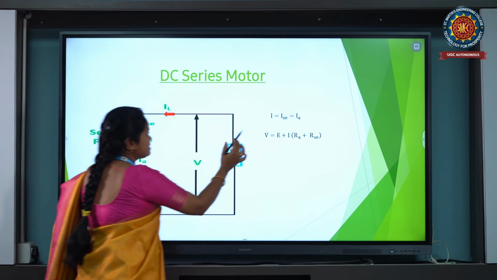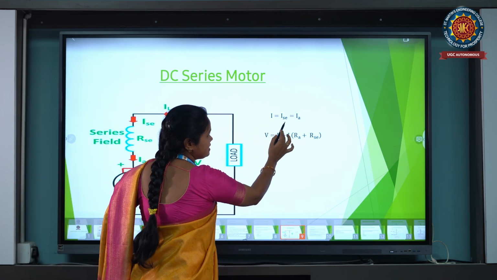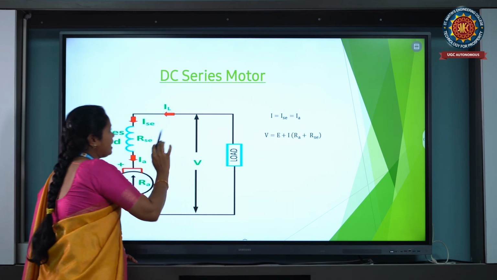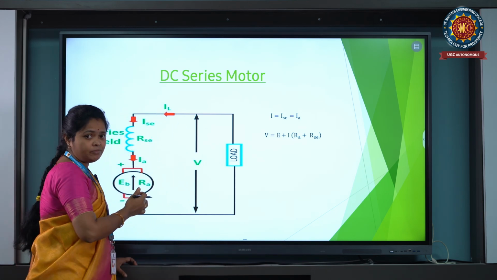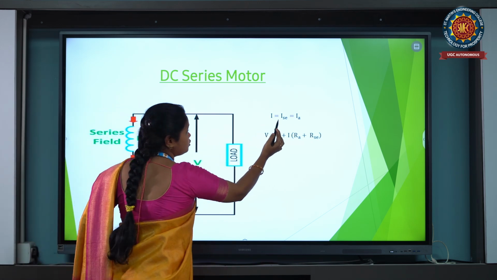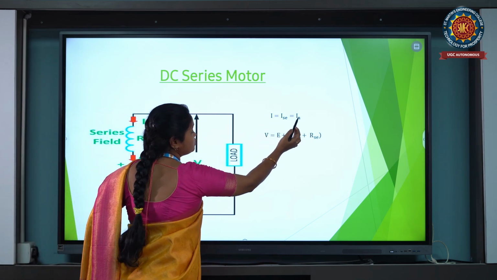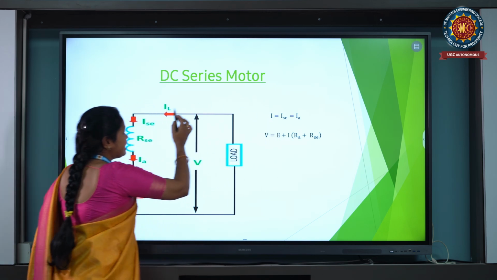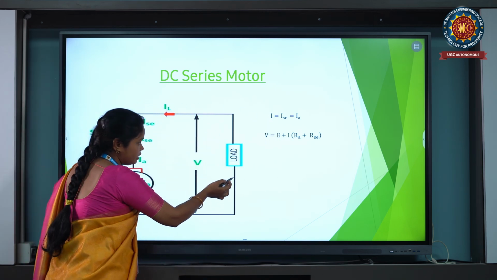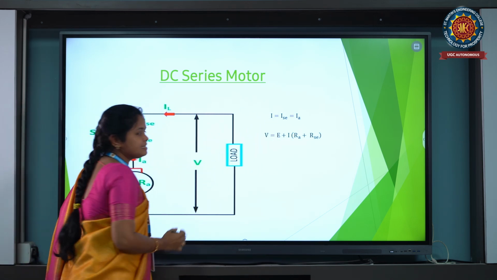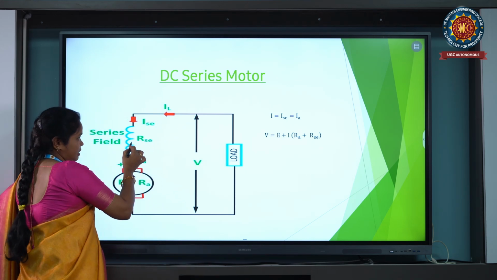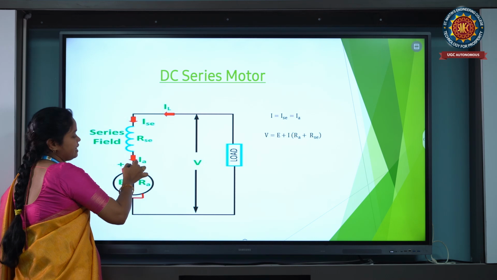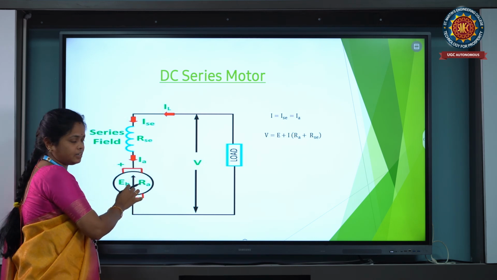Then I = ISC = IA. I is the total current, or otherwise we can take IL. IL is the line current from the voltage source, and ISC is the series current, which is equal to the armature current.